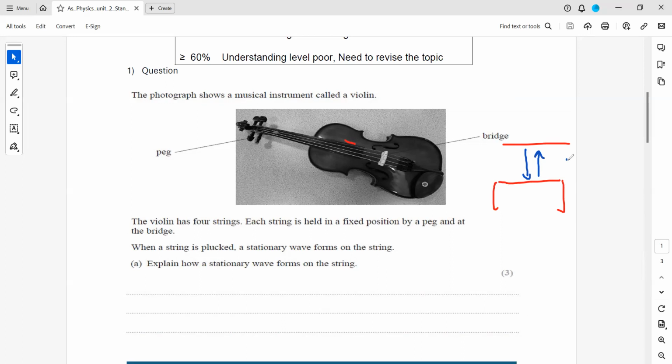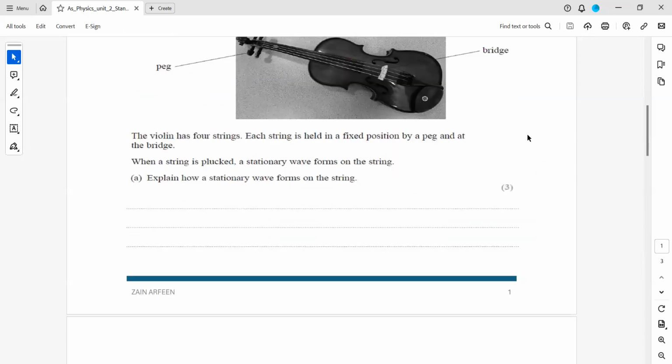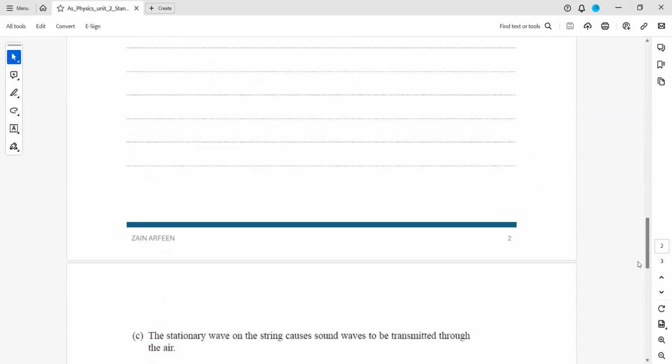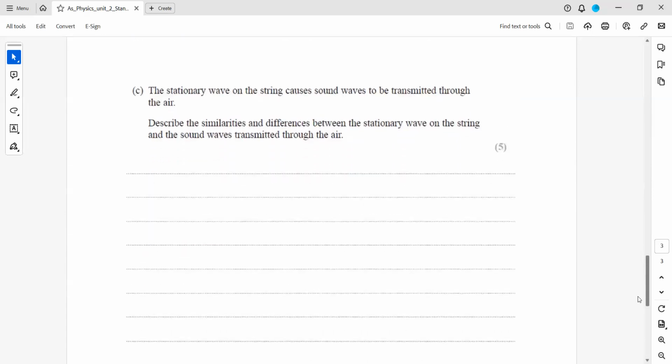But this is a standing wave of sound, and here it will be a standing wave of a string. What we have to do is write the similarities between them. It's a 5-mark question. So first, what will be the similarity?